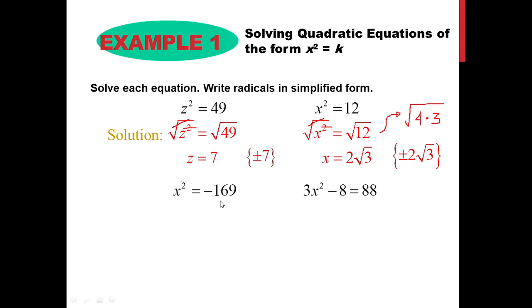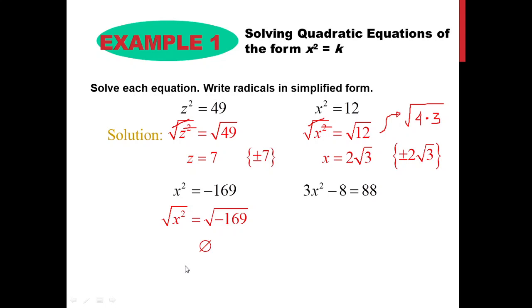Now in the next example, x squared is equal to negative 169. Again, extract the root on both sides. This will cancel out the exponent and the radical sign, leaving us on this side the value of x.